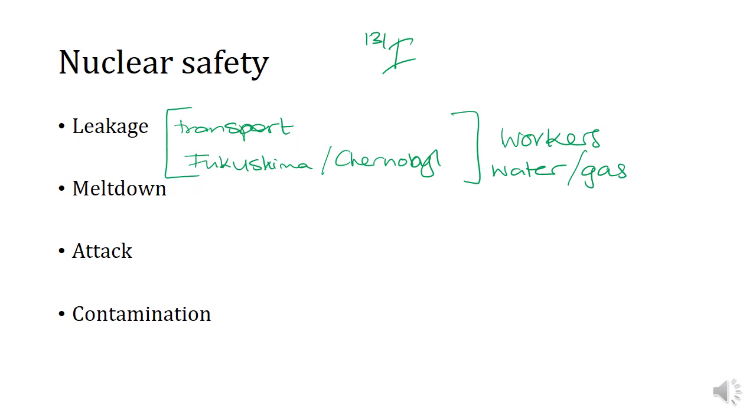Meltdown, again, that's Fukushima and Chernobyl. That's one of the issues we can have. Attack. Nuclear power plants can be a target for terrorist activities because they are the one place where you are guaranteed to be able to get your hands on uranium.